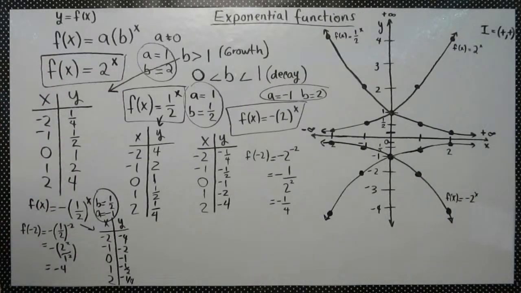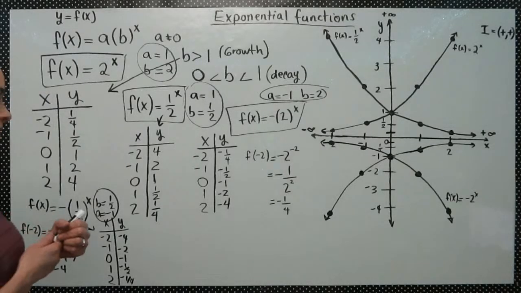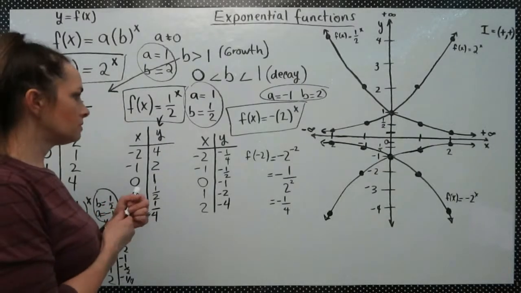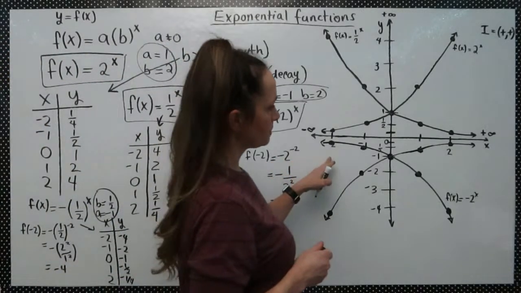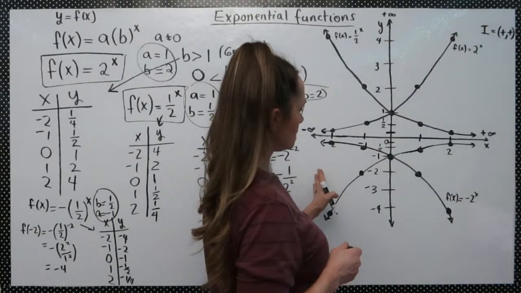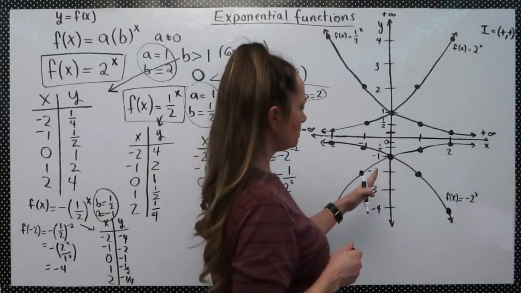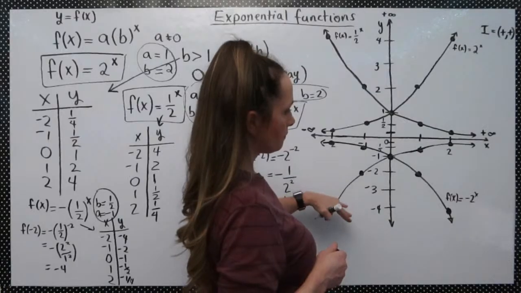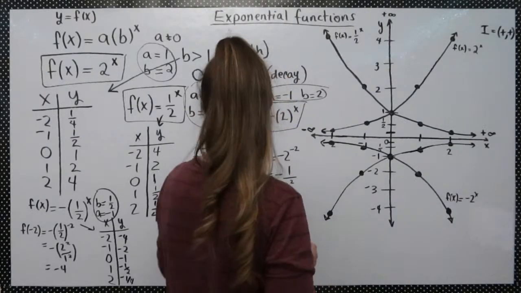Could go ahead and list the domain and range real quick of these functions. If you notice on the graph, the domain will just be the same for all these functions. It's negative infinity to positive infinity. The range is kind of restricted on these a little bit.